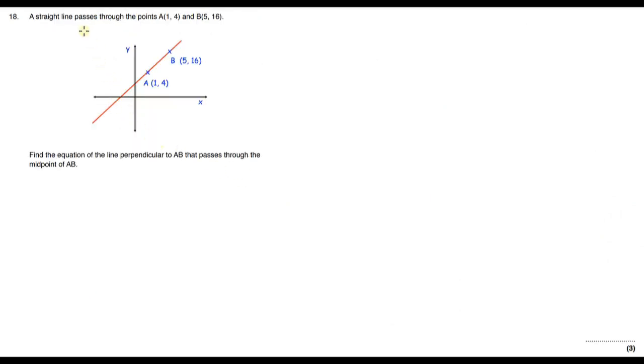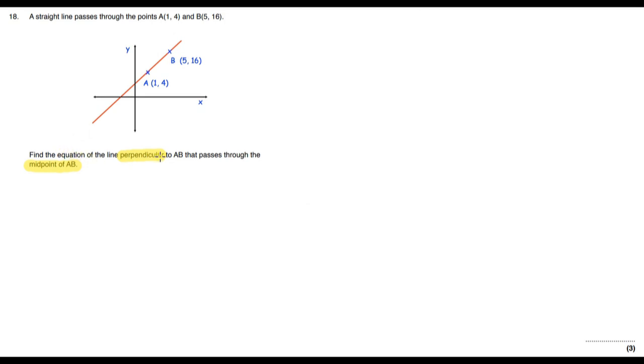Question 18. A straight line passes through the points A, which is (1, 4), and B, (5, 16), which we can see on the graph here. We need to find the equation of the line perpendicular to AB that passes through the midpoint of AB. So we've been given this line here, which has AB on.